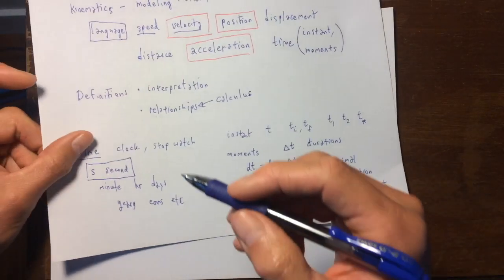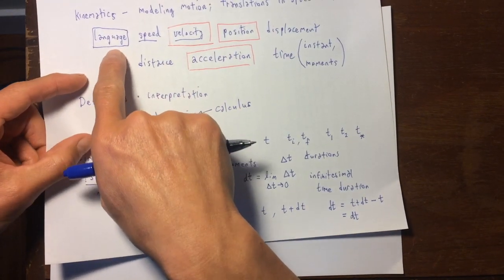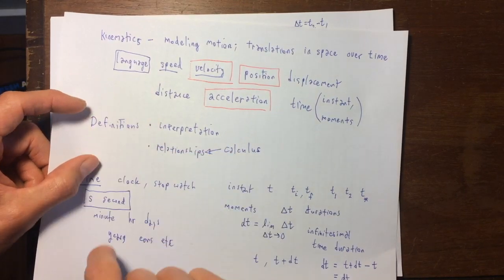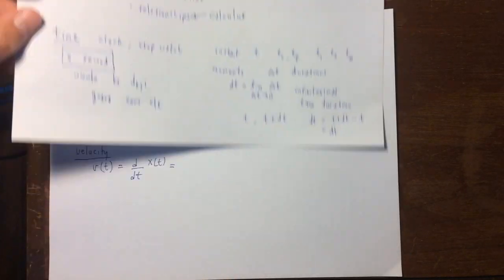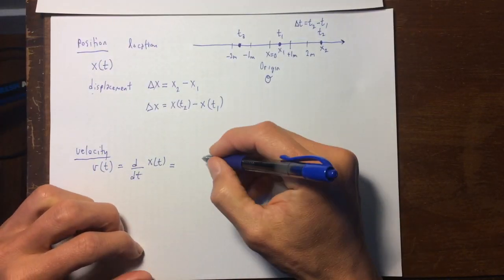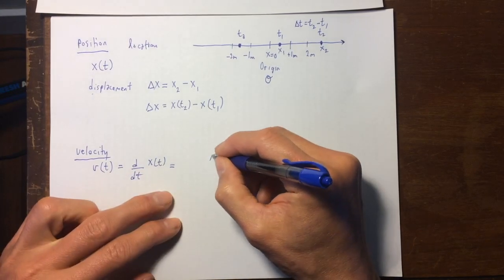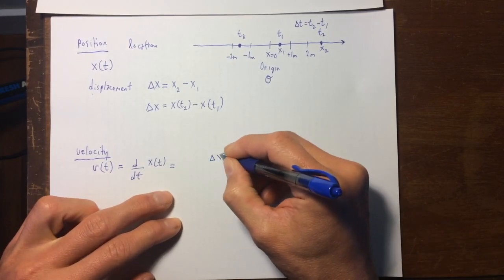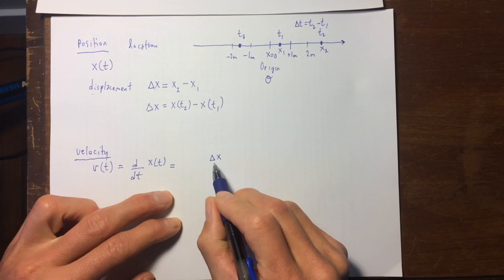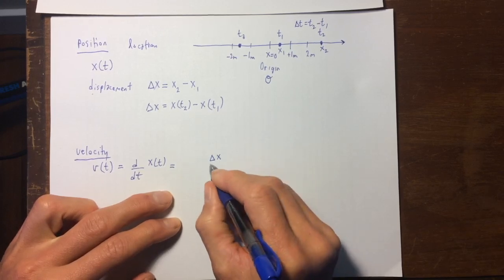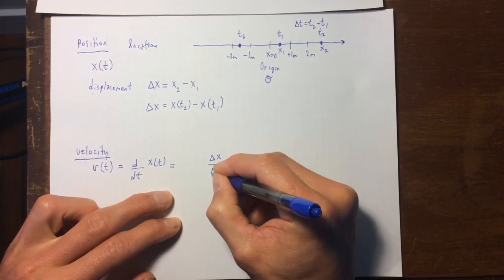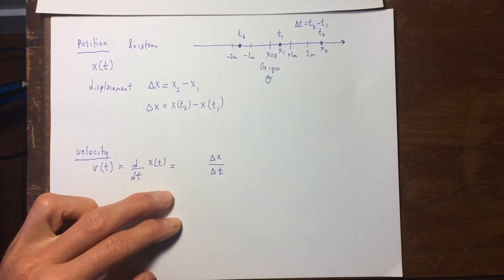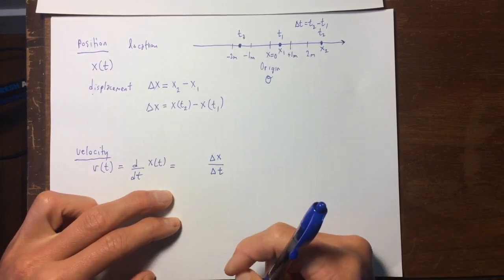It's based on how we think about the meanings of the words in the language. So it really is: what is the displacement of the particle, that is how far did it travel, divided by how much time did it take to do that traveling.